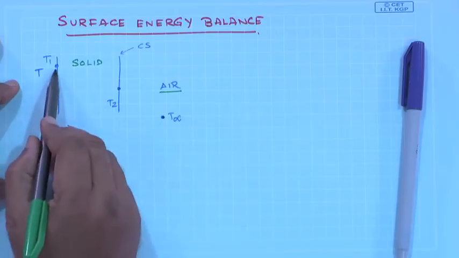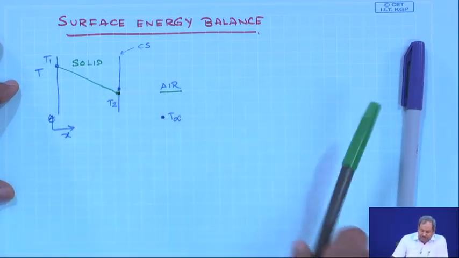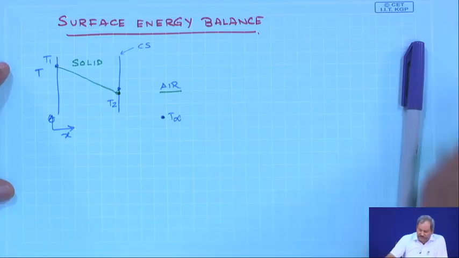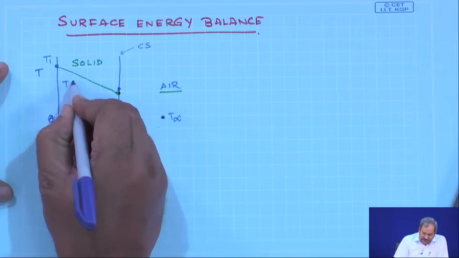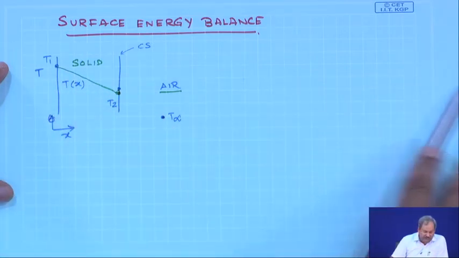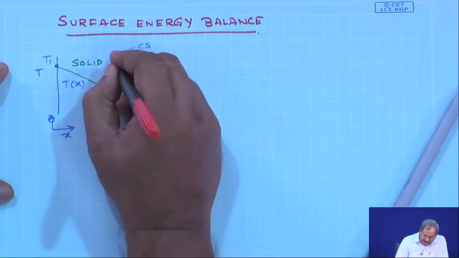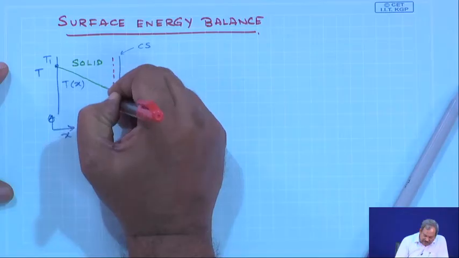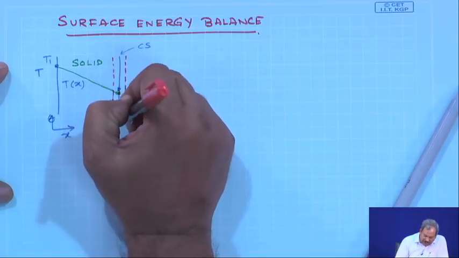Okay. So, the temperature distribution in such a case will be linear, and therefore, this is going to be the profile where T is a function of x, but it is a linear function of x. Now, let us say that this surface, this is my control surface.